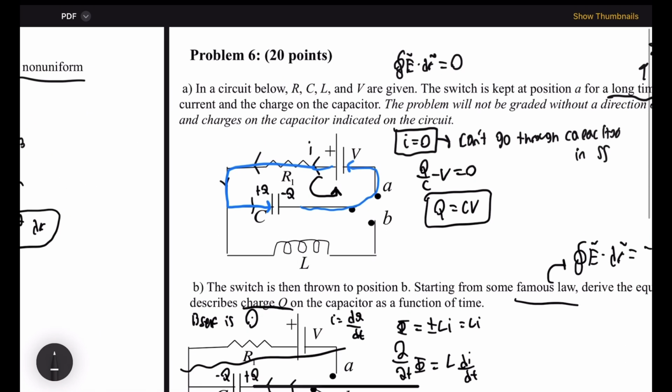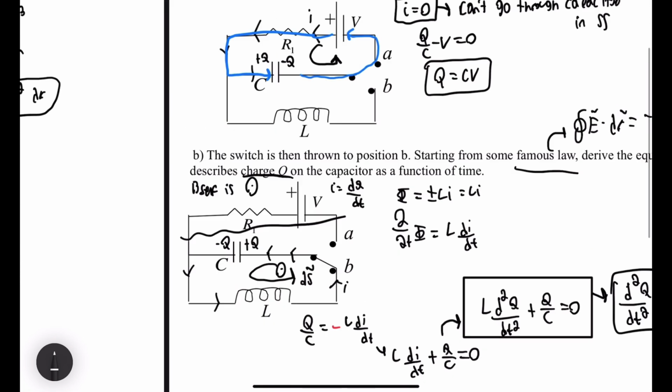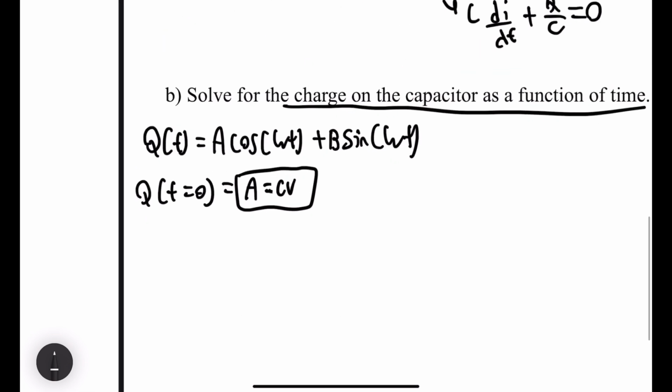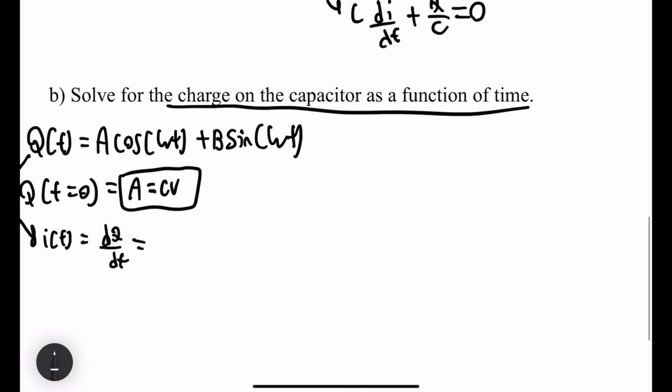And now my second initial condition is that I have current. So I need to convert this into current so I can plug in the initial condition. So current is dq dt. Right? So I had to take a derivative. Derivative of cosine is negative sine, so negative a sine omega t, and then chain rule times omega.